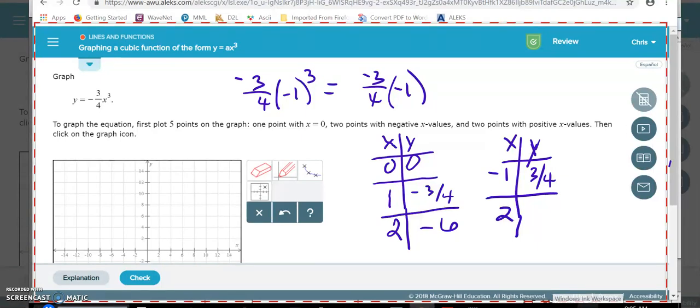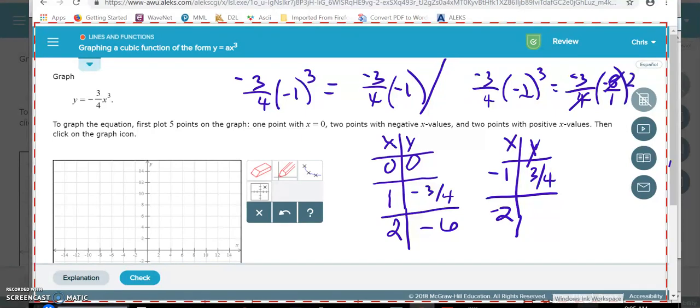And the same thing's going to happen if we let x equal negative 2. So we're going to get negative 3/4 times negative 2 cubed, which is negative 3/4 times a negative 8. Again, I'll write that as negative 8 over 1 because I want the 4 to go into the 8 2 times.